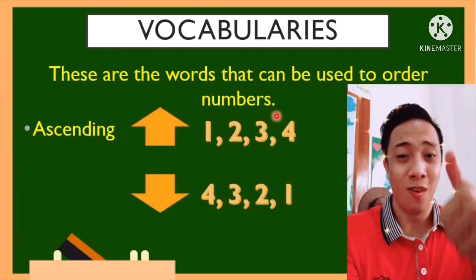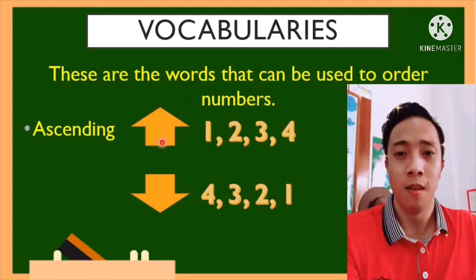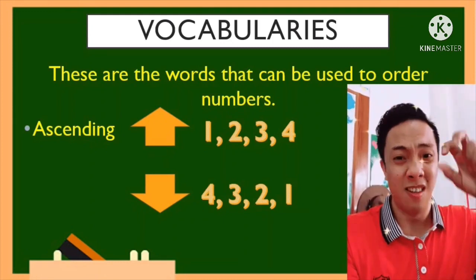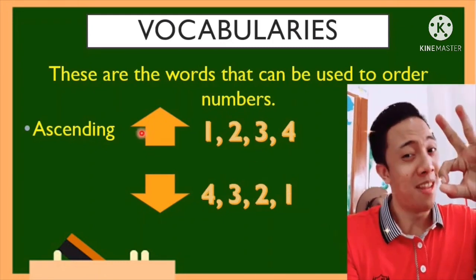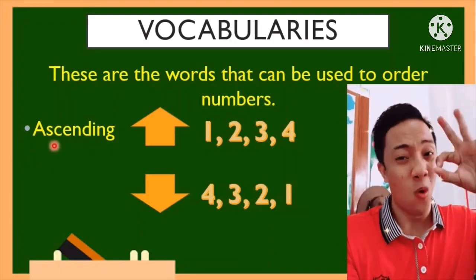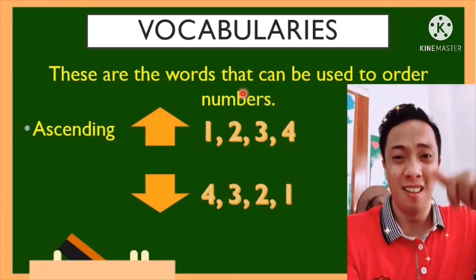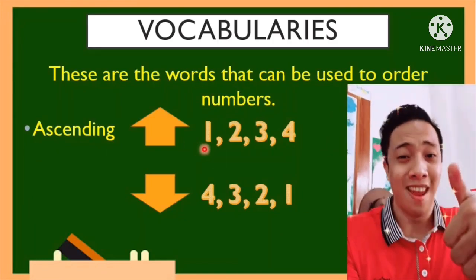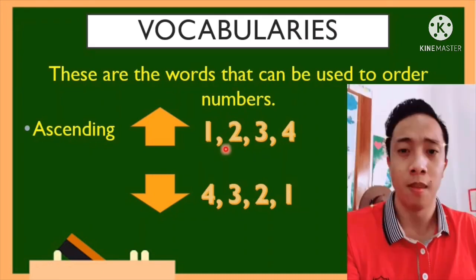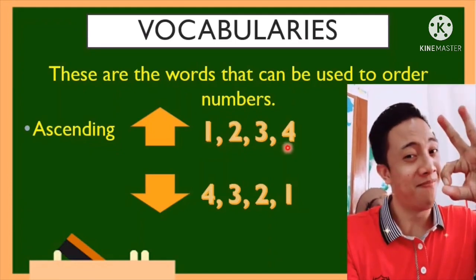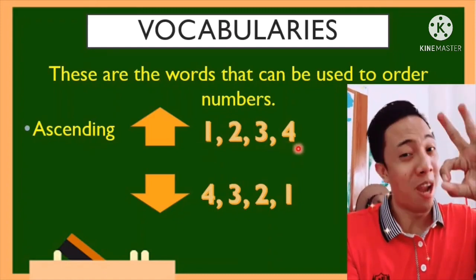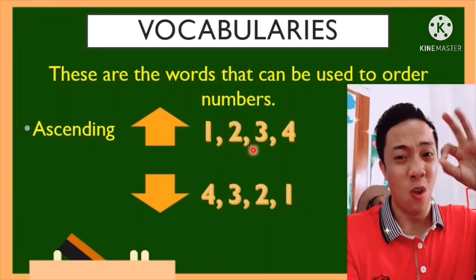So when we say ascending, as you can see here, the arrow goes up. For example, if we are about to do an ascending order, we will start on the smallest number up to the greatest number, or from least to greatest. Just like 1, 2, 3, and 4.